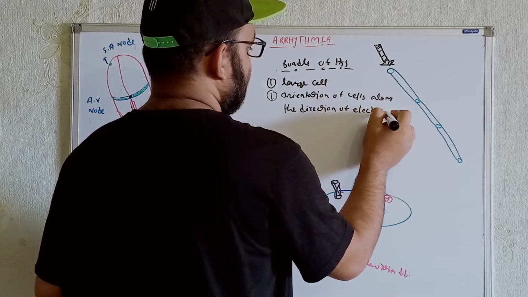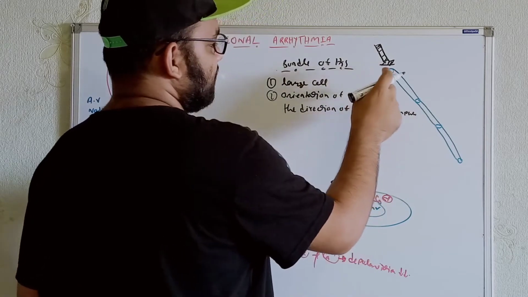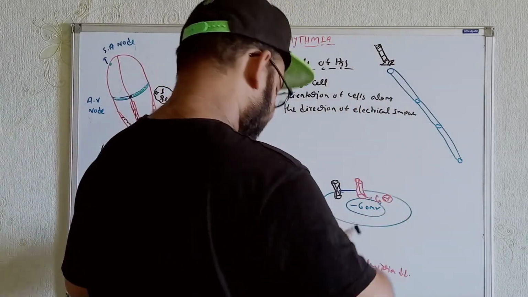So it will be much easier for the electrical impulse to go through the cells. At that time we'll see a fast velocity in these cells.